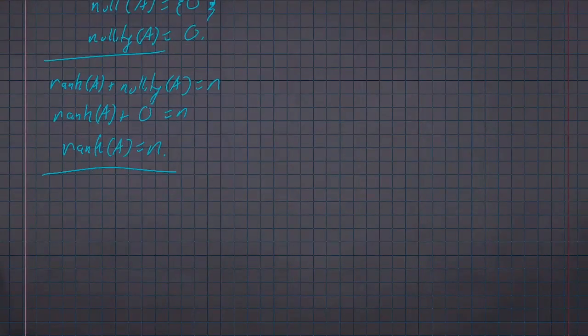Then from here, if the rank of A is n, well, the row space of A is a subset of Rn, and the column space of A is a subset of Rn because A is an n by n matrix.